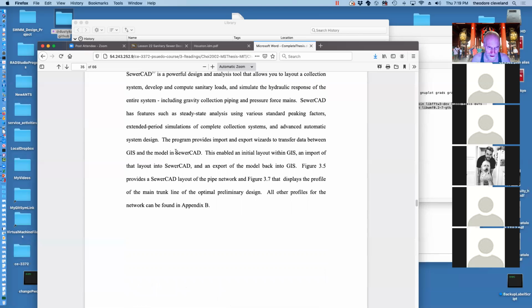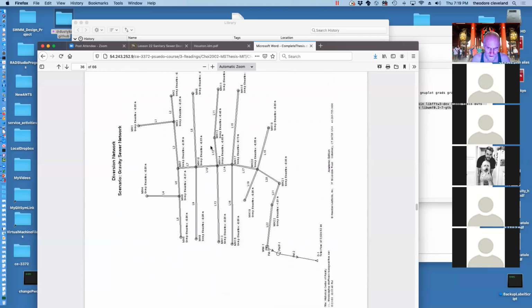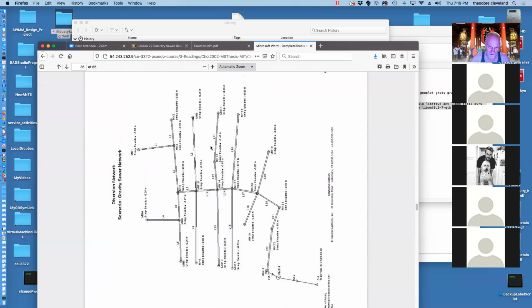Ultimately, the model used is called SewerCAD, which actually implements a type of SWMM model. And I want to take you to this drawing here, because everything featured on that drawing we've examined in SWMM. So each of these little circles labeled MH3, MH2 represents what?